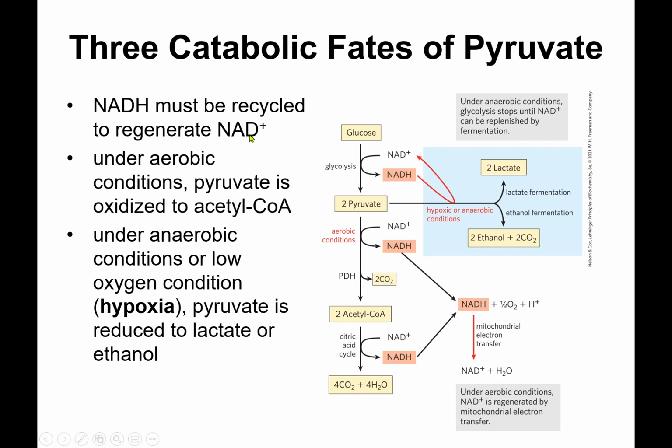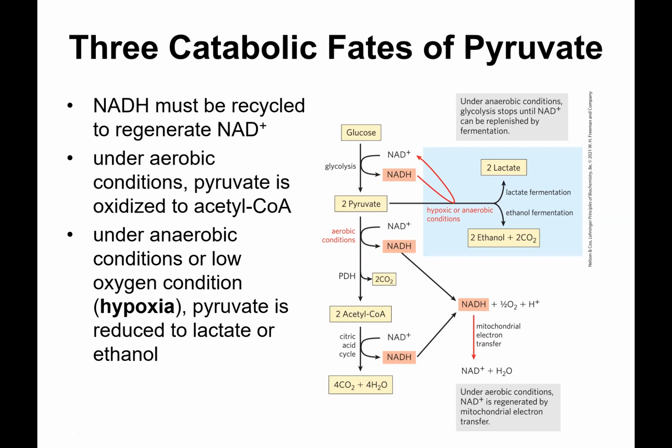And even though we want NADH as an energy currency of the cell, as an electron carrier, we also have to think about the need to maintain a supply of NAD+ for glycolysis, right? Because that is a substrate of glycolysis in the payoff phase. So some of that needs to go back to glycolysis.